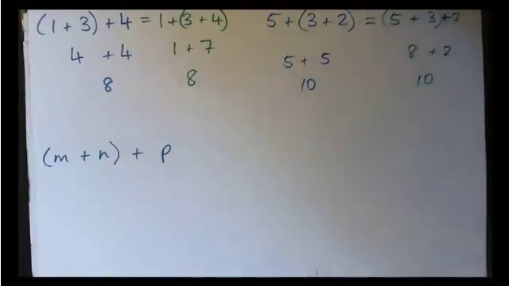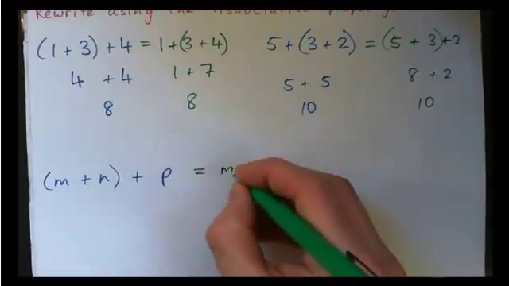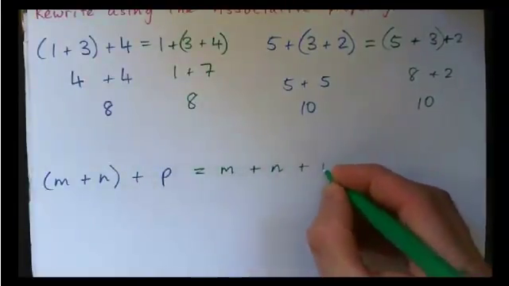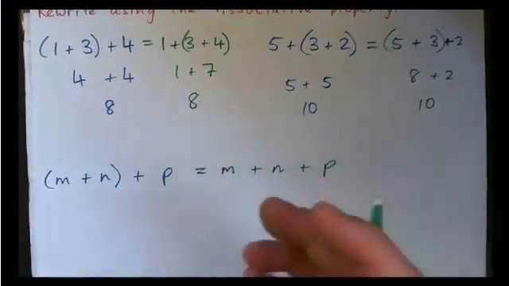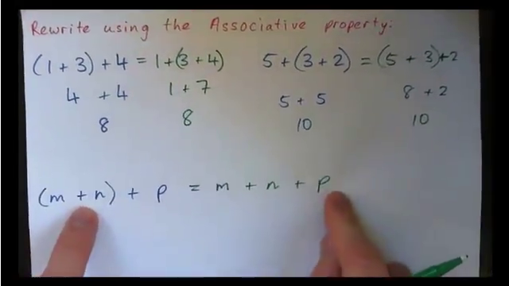Now imagine your numbers were not digits but letters, so M, N, P. In this case, of course, you can't check it because we don't know what M, N, and P really are, what the values are, but you can rewrite this with the associative property.